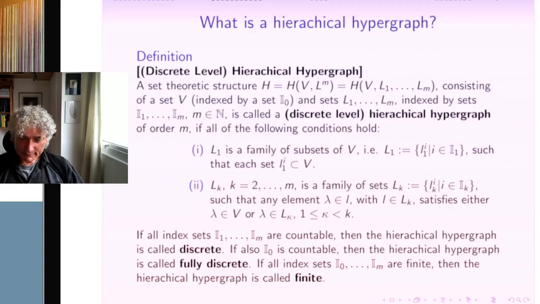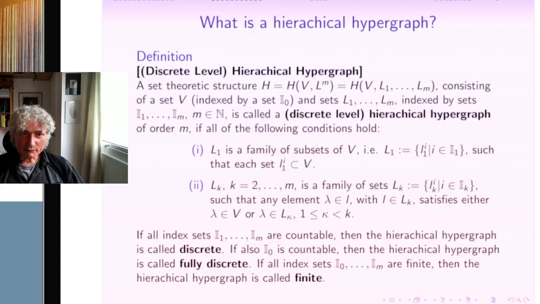And the L1 is such that each hyperlink is forming a subset, so it's interpreted as a subset of the set V, the basic level set which is containing all vertices of this hypergraph, which then will become a hierarchical hypergraph. So you have a construction by doing subsets of the lowest level set V.